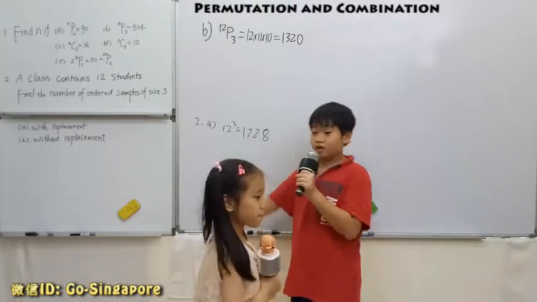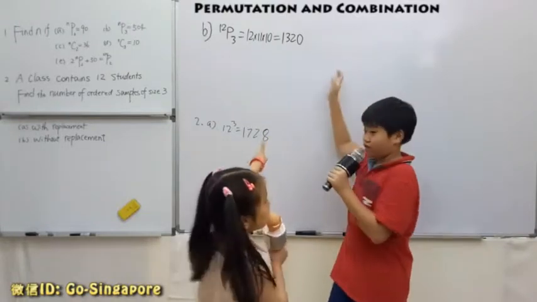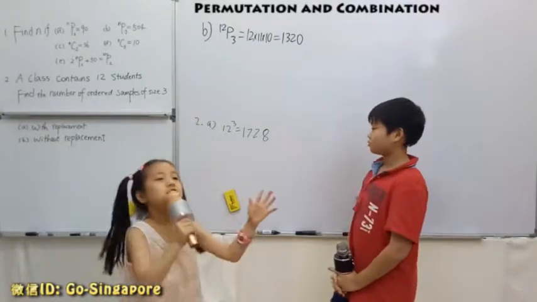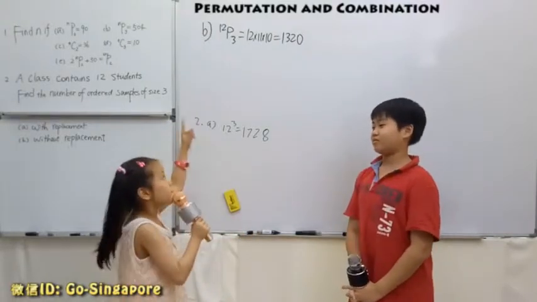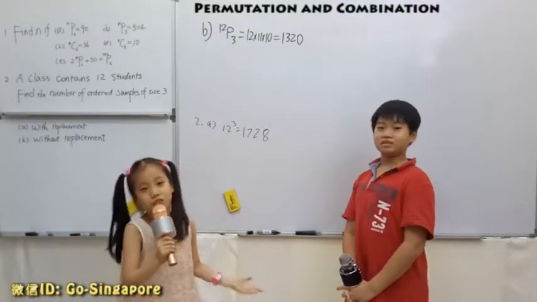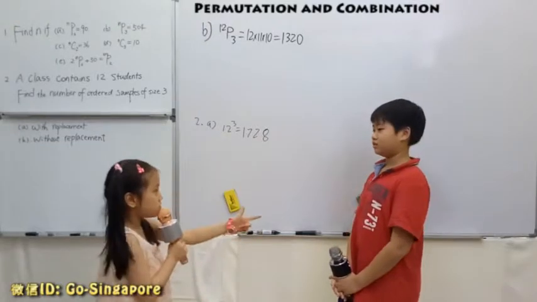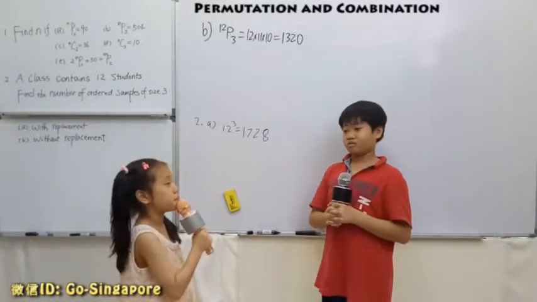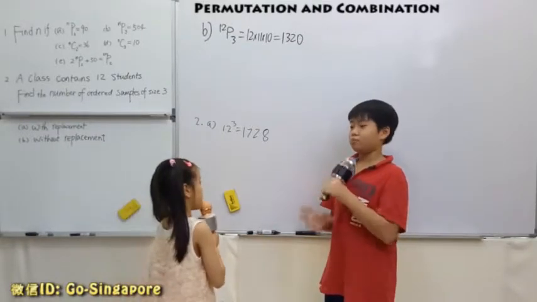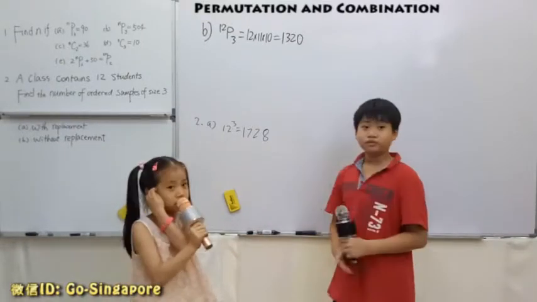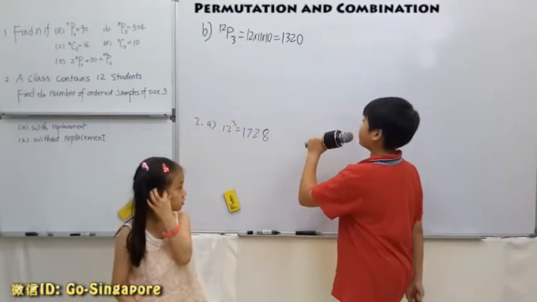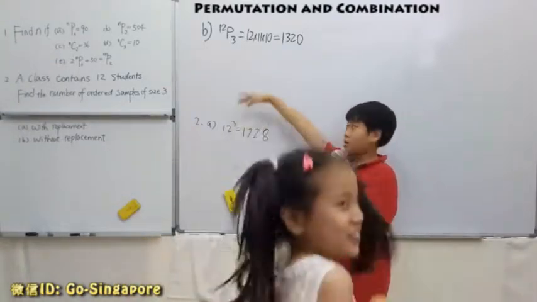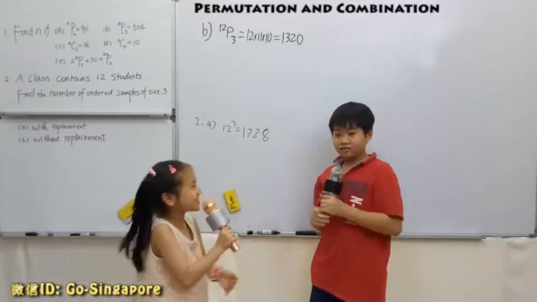And remember, this question does not mean 12 divided by 3. It is 12 permute 3. Yes.